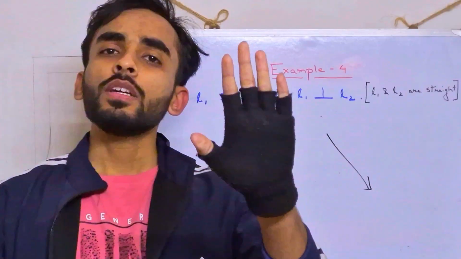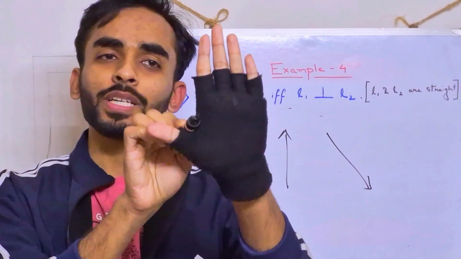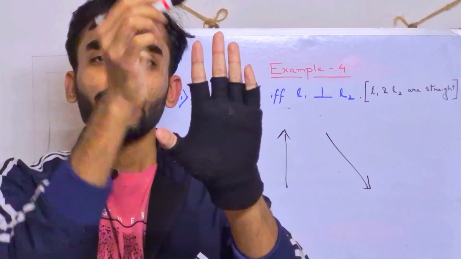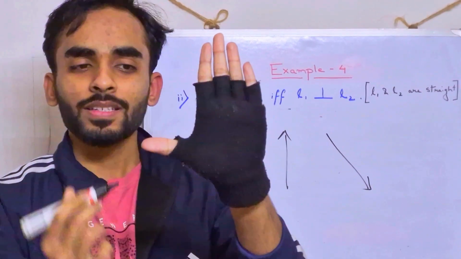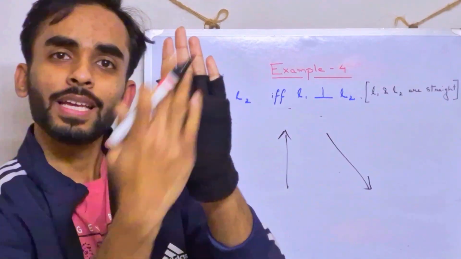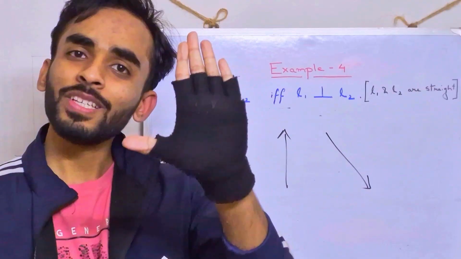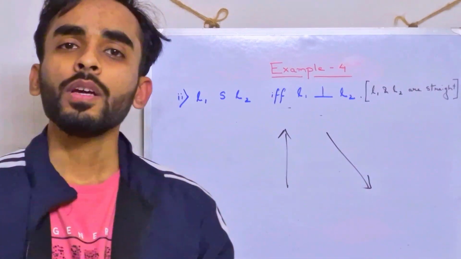See, we don't need the board, we can have our hands. See, this is a straight line, this is a straight line, these are all straight lines. All of these straight lines are in the palm plane, right? So every straight line will always be on a plane.